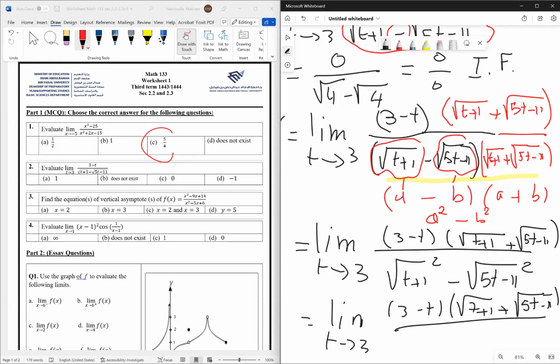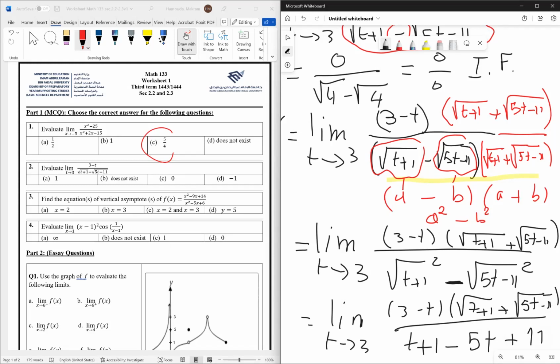Now be careful of this minus. You have minus in front of this expression after simplification of the square root. So t plus 1 minus the whole thing inside the square root. So it's minus 5t minus 11, so plus 11, okay?